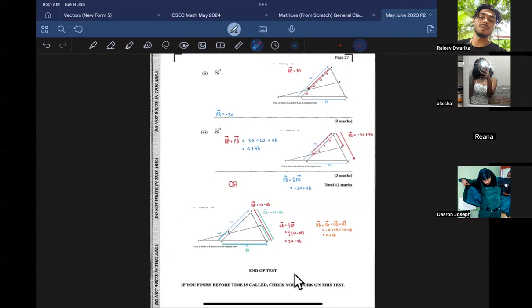2021. It didn't have paper two in that year. Let me check. Would 2015 be too far back? No, it had 2021, but I just don't have that paper.